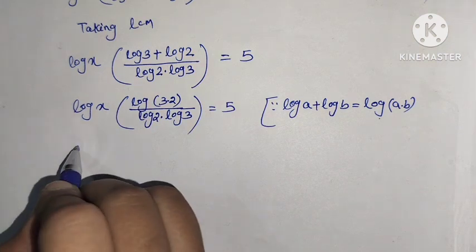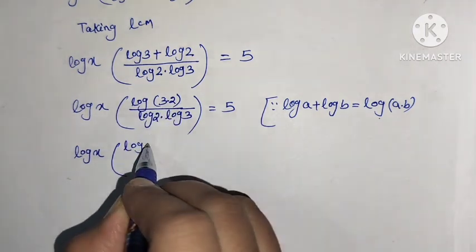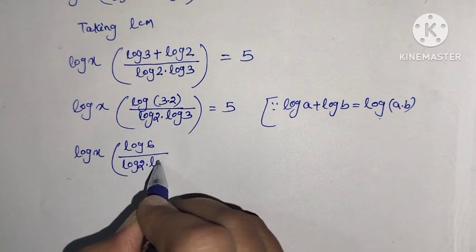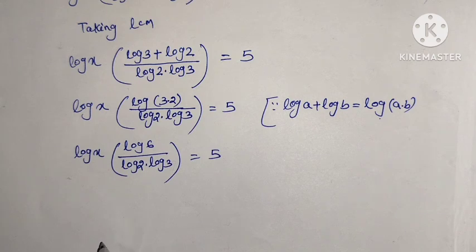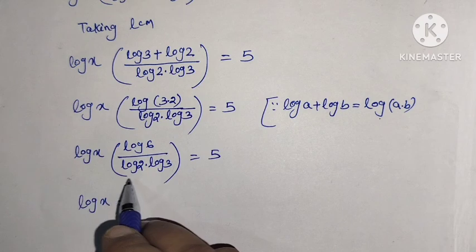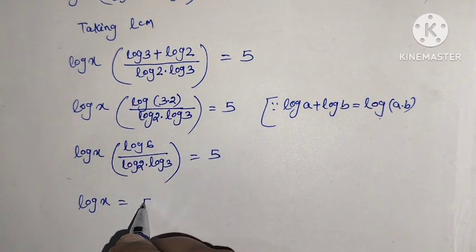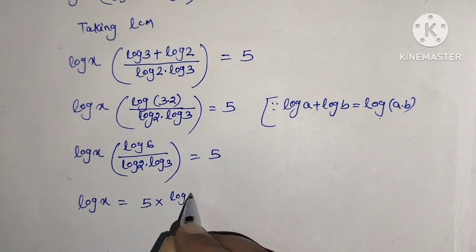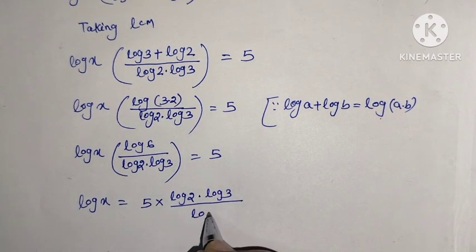Then log x into log 6 divided by log 2 into log 3 is equal to 5. Log x on the left-hand side, and this whole term moves to the other side: log 2 into log 3 divided by log 6.